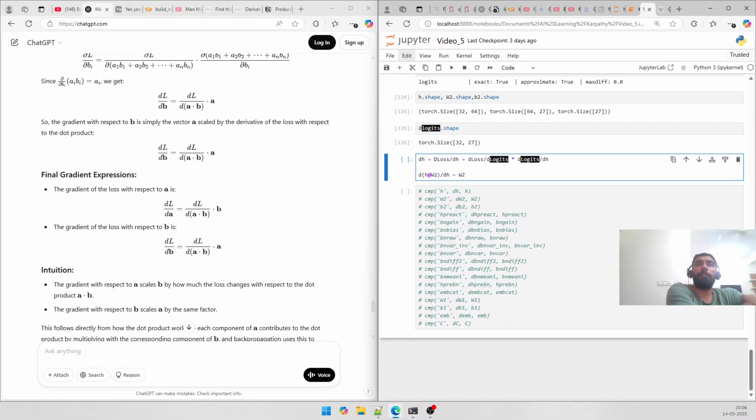Okay, and into this thing, and W2 is 64 cross 27 and this individual is 32 cross 27. 32 rows, 64 rows.